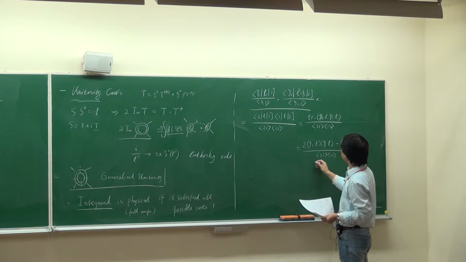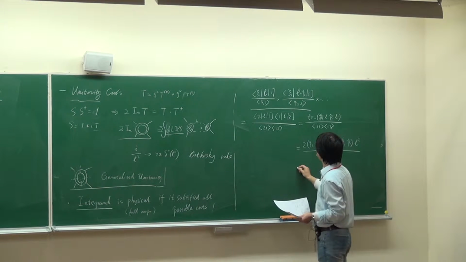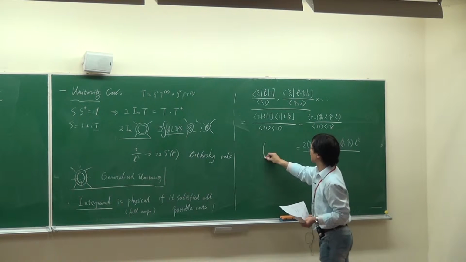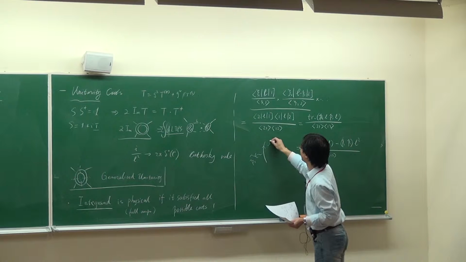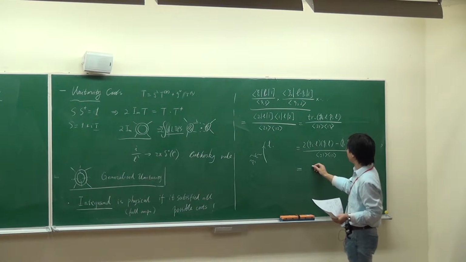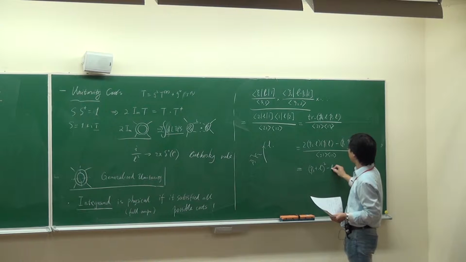So what is P1.L here? We can write this as P1 plus L squared minus L squared.